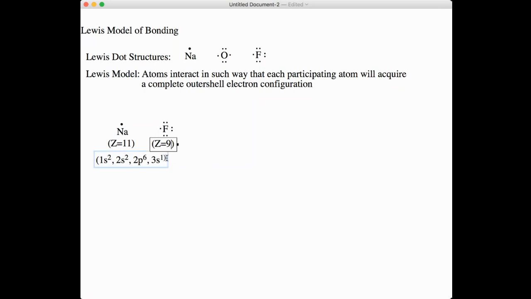I'm going to move this to the side so you guys can see this better. And this would be now 1s2, 2s2, 2p5.